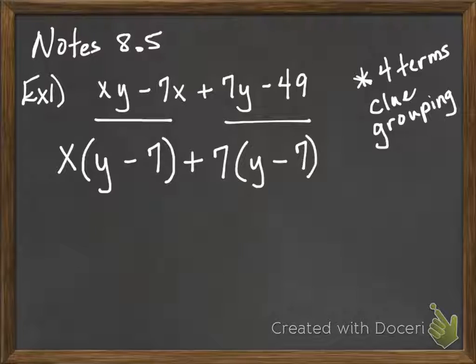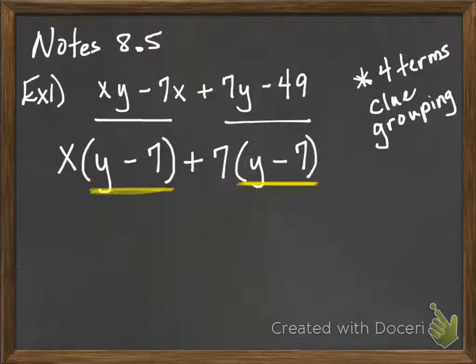So it's like we have these two little problems in our big problem. Going to take the GCF out of the first two, take the GCF out of the last two. We're not quite finished. I want you to look at what we have in parentheses. What do we have in both of the parentheses? Y minus 7, the same exact thing. So that is also considered a GCF.